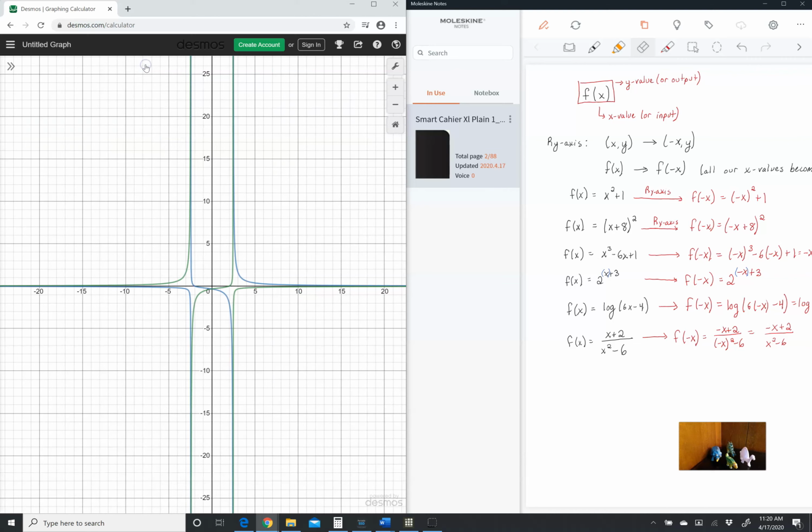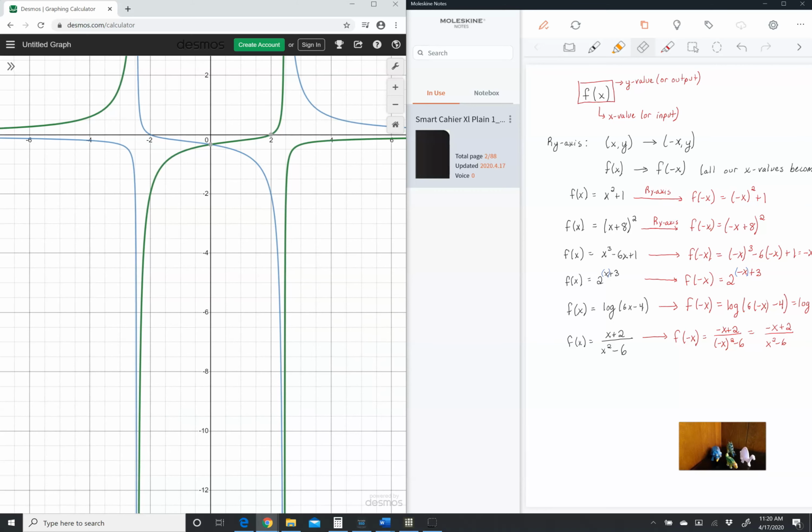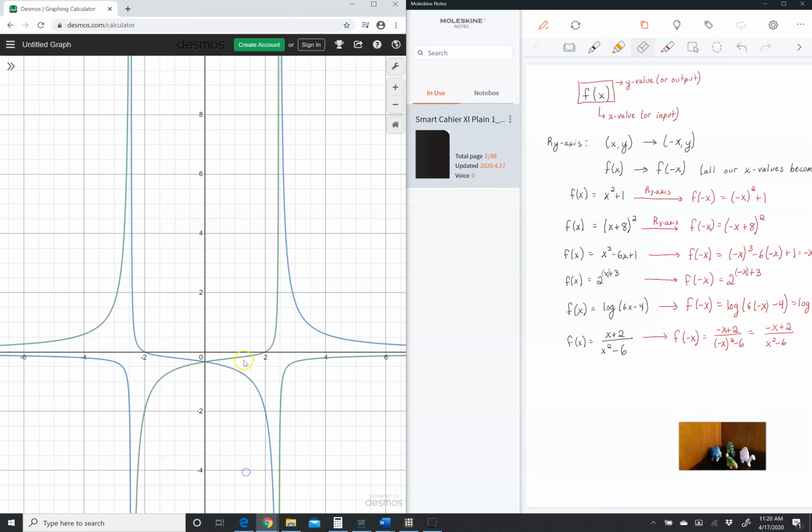And let's close this and magnify this a little bit. So here you can see it a little bit more clearly, right? Here's the green. This middle green piece is reflected by this middle blue piece.